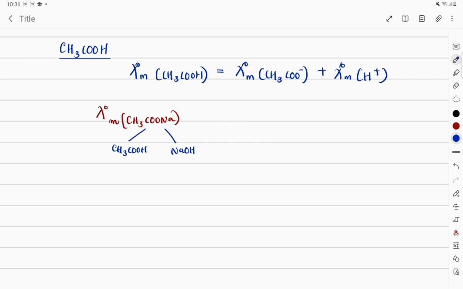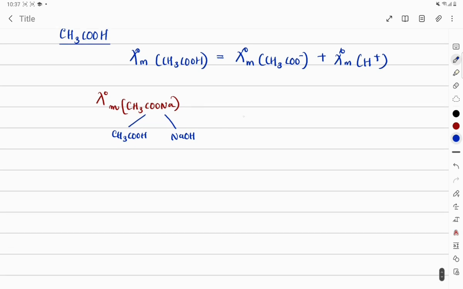Similarly, any salt formed from a strong acid and weak base, or weak acid and strong base, if any one of the parents is strong, will be a strong electrolyte. If both are weak, then it is going to be a weak electrolyte. So this is actually a strong electrolyte.